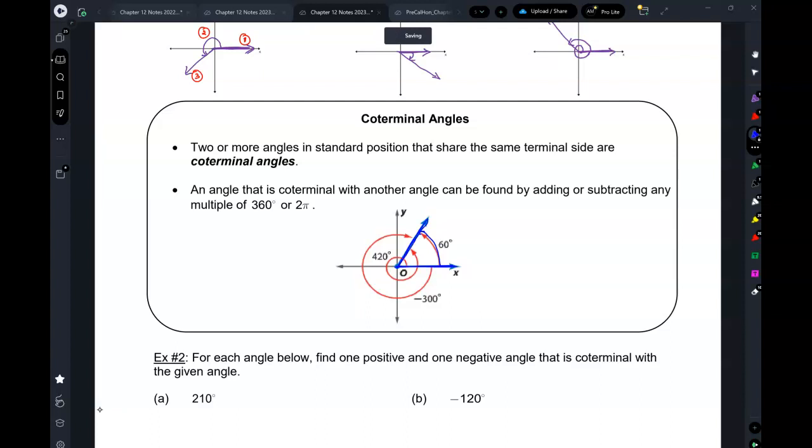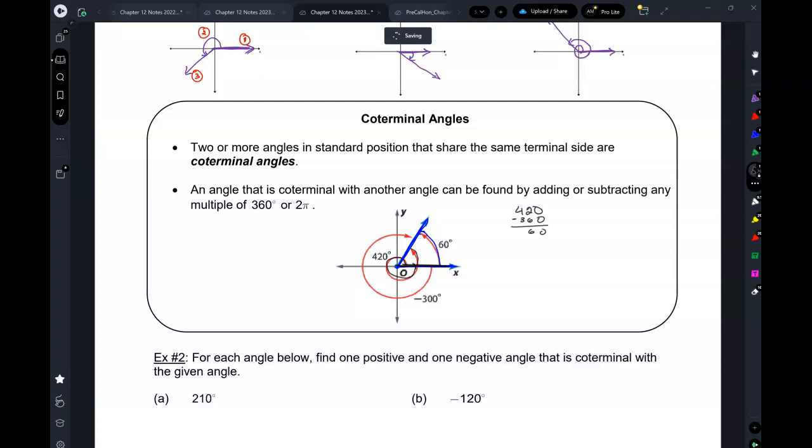Now let's draw an angle of, I don't know what color to choose, I'll do black. Let's draw an angle of 420. I start here, okay? I go 360. How many degrees more do I need to make it 420?